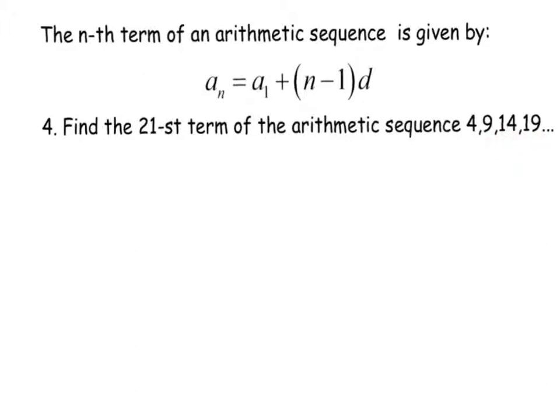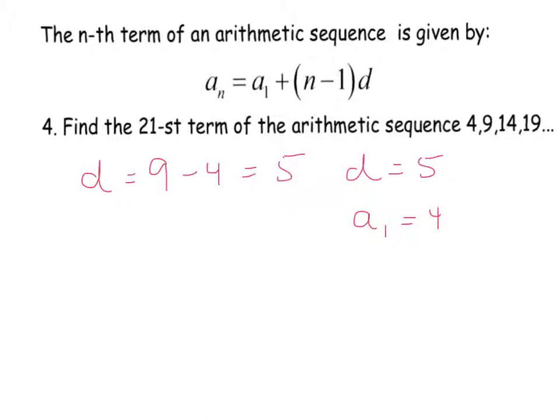The first thing I'm going to find is my common difference. So my common difference will be 9 minus 4, which is 5. So I know that d is equal to 5. I also know a1 equals 4.